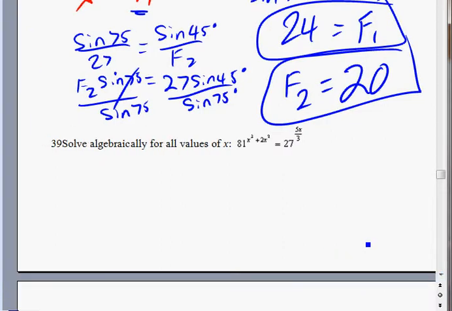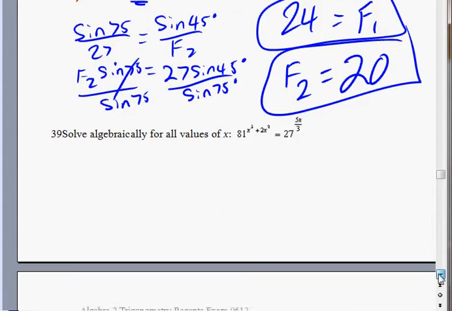Okay, solve algebraically for all values of x. Alright, save the best one for last. Okay, so let's set both sides, 81 and 27, to have the same base. Another way of writing 81 is 3 to the 4th power, right?